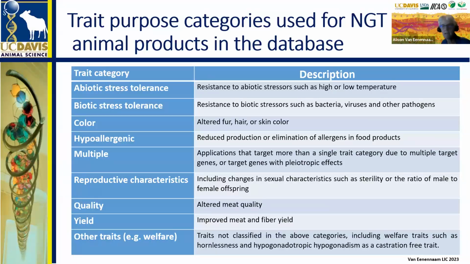Hypoallergenic is knocking out an allergen. Multiple is as it sounds, so not just one trait, but we're doing multiple traits, so stacking the traits. Reproductive characteristics, things like single sex offspring, that type of thing. Altered meat quality to improve the quality of the consumer's experience. Yield, and then other traits like welfare, introducing traits like hornlessness so that animals don't need to be dehorned to protect themselves and their human handlers.